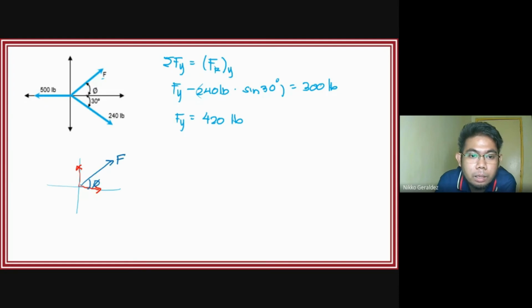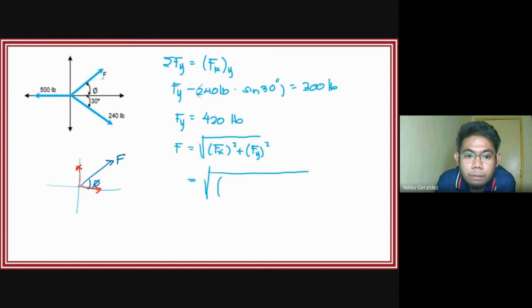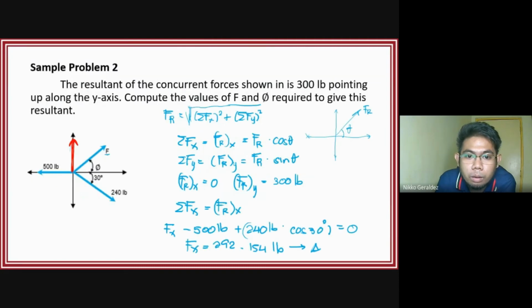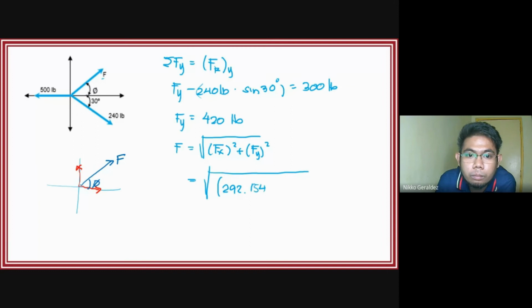Force F, then angle phi. So, to solve for force F, we will use Pythagorean theorem. So, F is equal to square root of Fx squared plus Fy squared. So, square root of Fx, that is 292.154 pounds squared plus Fy, 420 pounds squared.